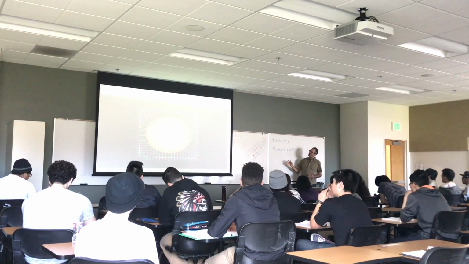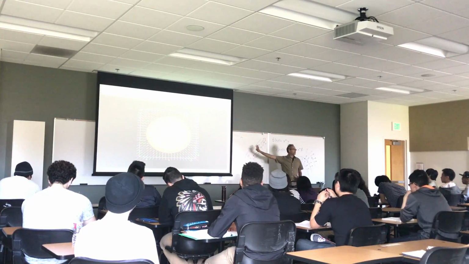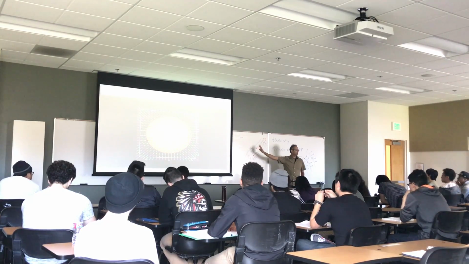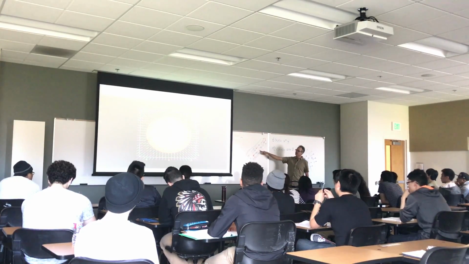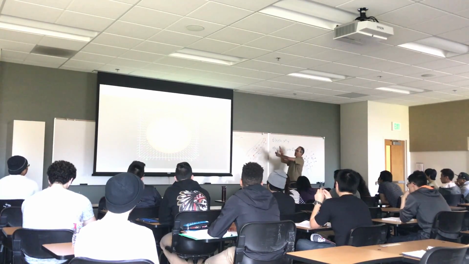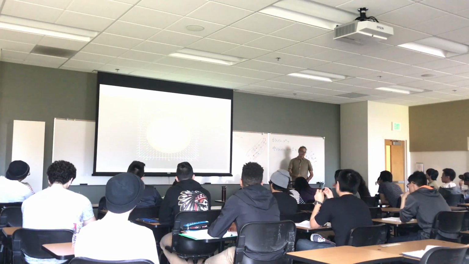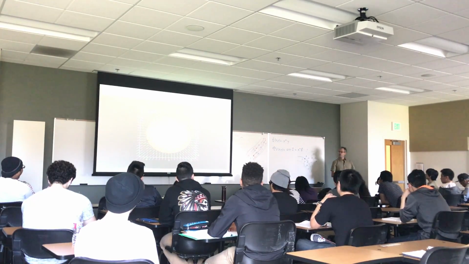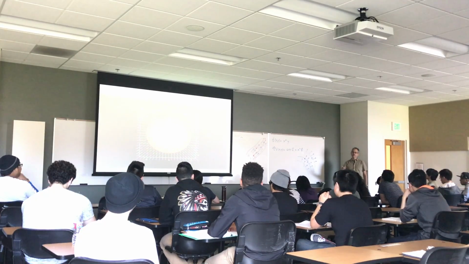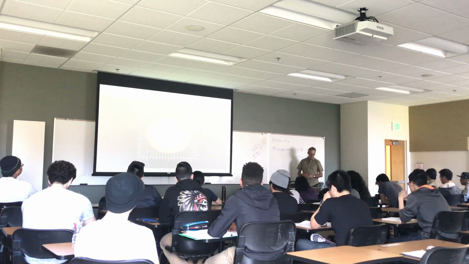So if you talk about all of the infinite number of flow lines for a field, that overall is called the flow of the vector field. So a flow line is one of these guys. If you had all of them, infinitely many of them, then that would be called the flow of the vector field, the collection of all flow lines.